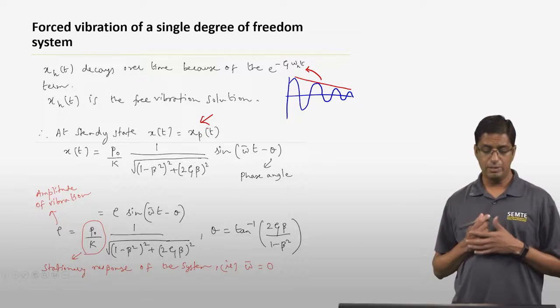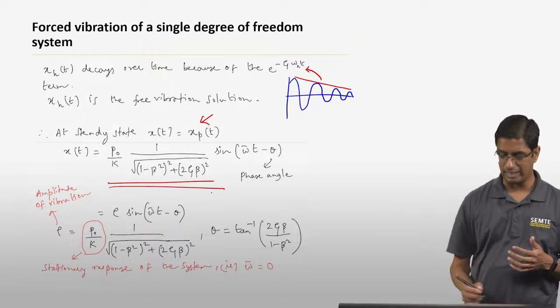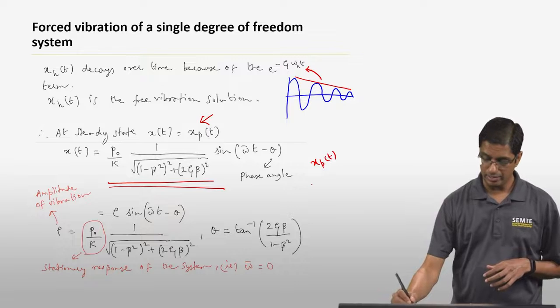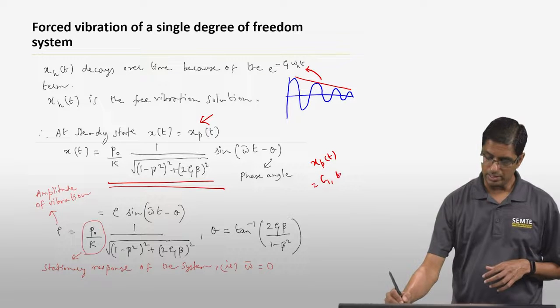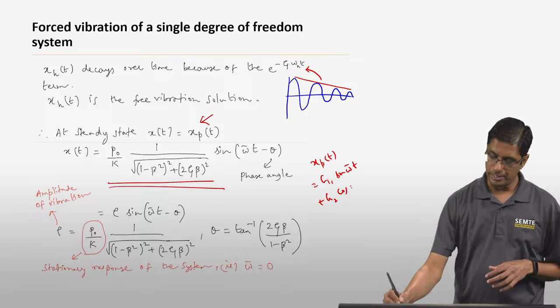Okay, now we already looked at what xp of t is. We said xp of t is G1 sine omega bar t plus G2 cos omega bar t.